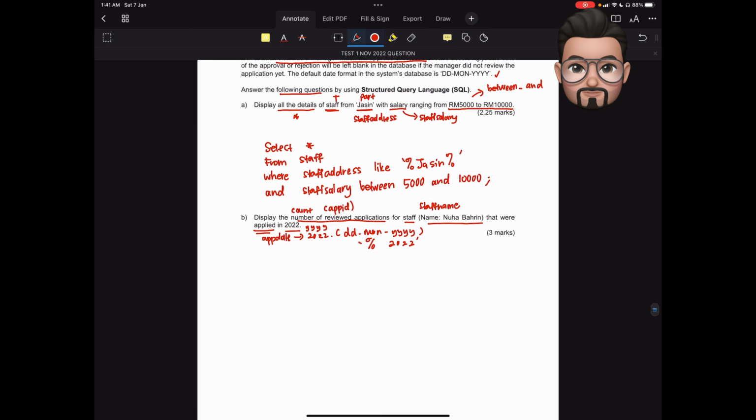So now, what do we need to select? Of course we select the staff first, staff name. For which staff? We select the staff name, and we need to count. What do we need to count? We count the app ID, the number of application. Because we want to see who is the staff and what is the number of application.